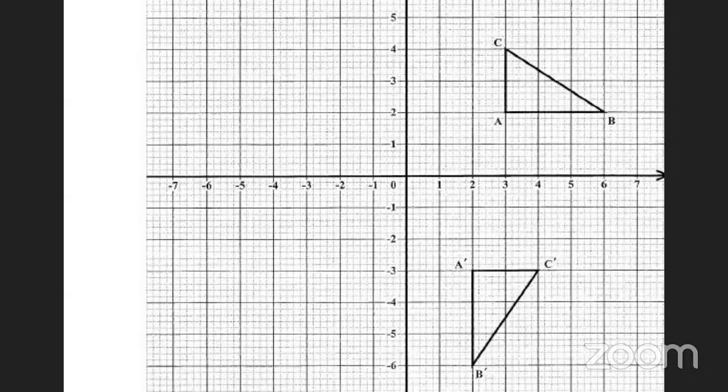For the accuracy, we'll make up points. 1 centimeter is 1.